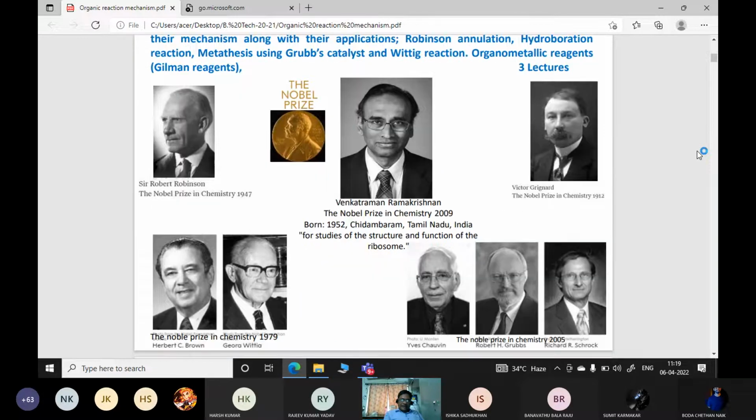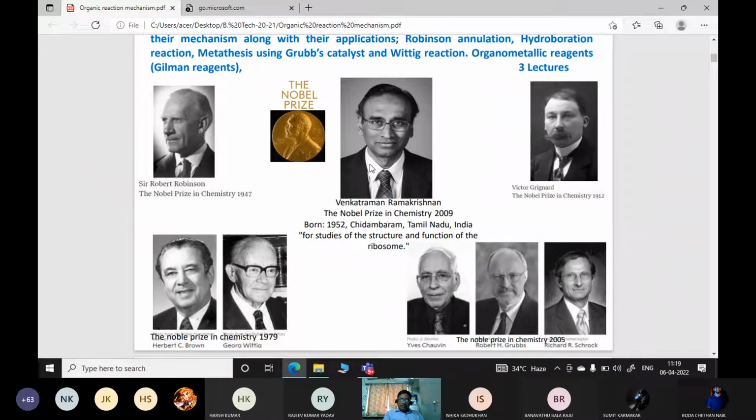I have presented the photographs of Robert Robinson. Then Venkataraman Ramakrishnan, who is Indian, but did most of his work on the ribosome, in the field of biology.